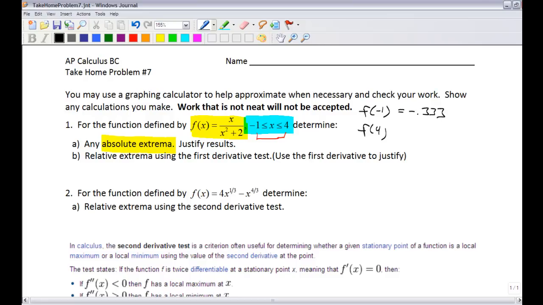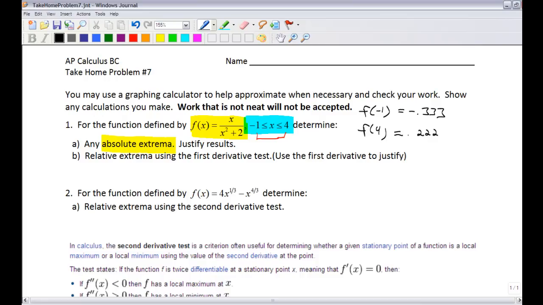F of 4, working on my calculator here, is roughly 0.222. So for absolute extrema, you always want to record the values of your endpoints.